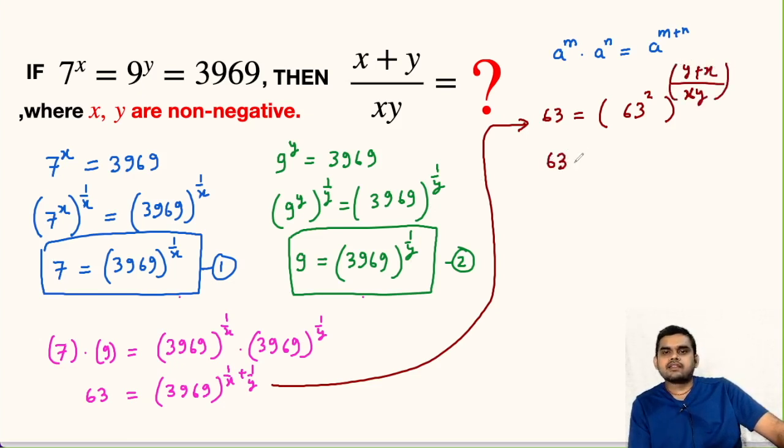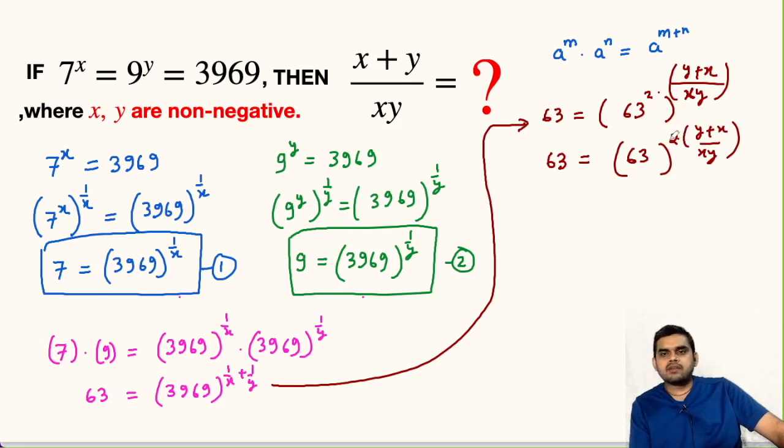Further we will get 63 is equal to 63 whole power, this 2 will get multiplied there, 2 times (y plus x) upon xy. Again we know a property that (a power m) power n is equal to a power m into n. So that is why we multiplied 2 here.